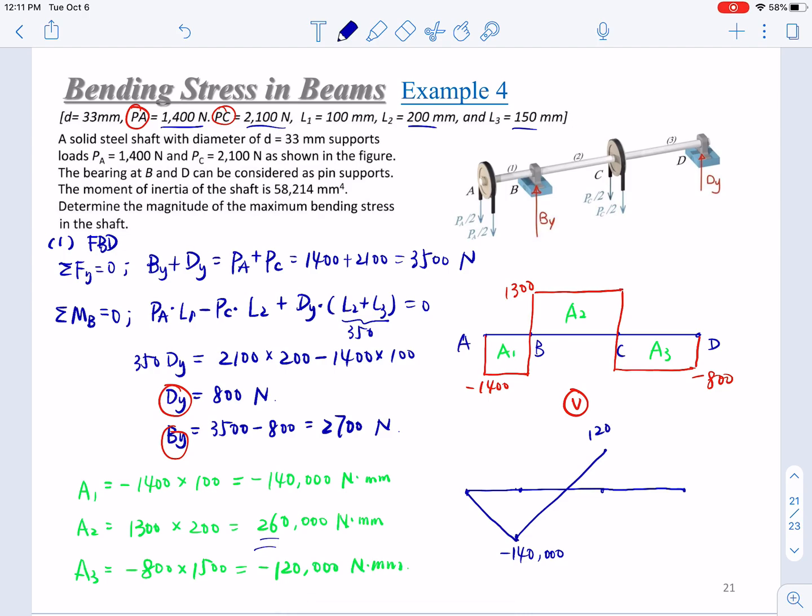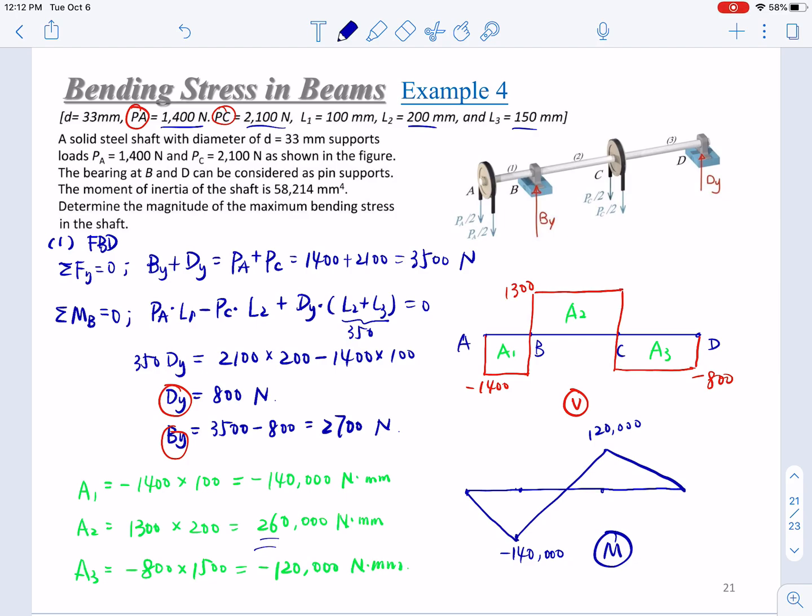Then it will encounter A3 that is negative 120,000. So it will go down to 0. Okay, so this is our moment diagram.